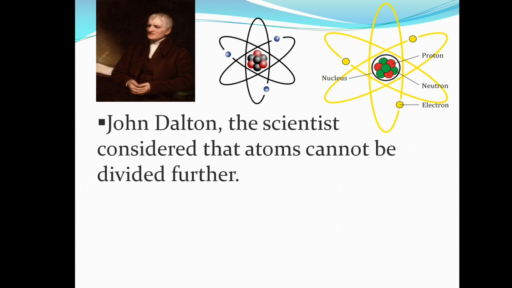So John Dalton, the scientist, considered that atoms cannot be divided further. We cannot divide them anymore. Atom is the smallest unit.